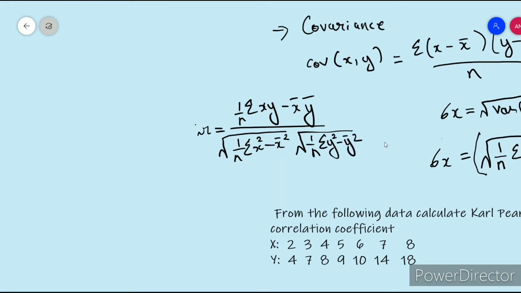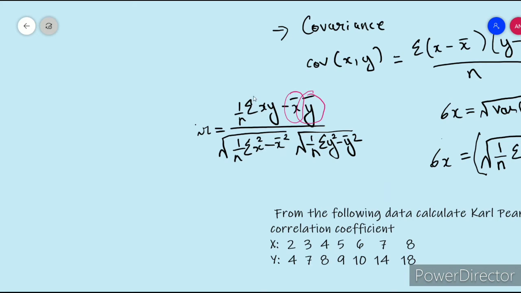So let us take an example to understand this better, where we have to find the Karl Pearson correlation coefficient from the following data. We already know the formula. To apply this formula, what we need to find is, first of all, the arithmetic mean of the x series and the arithmetic mean of the y series.